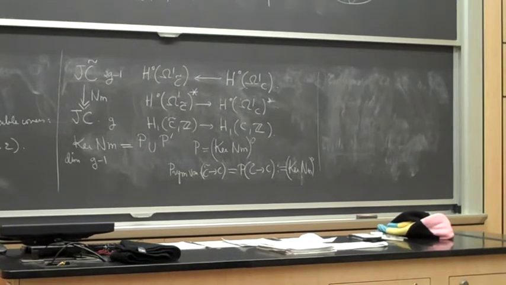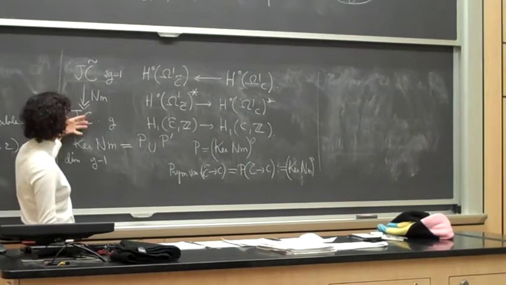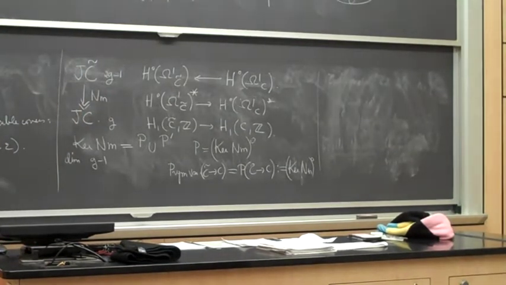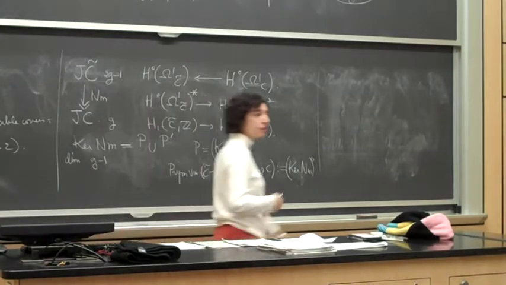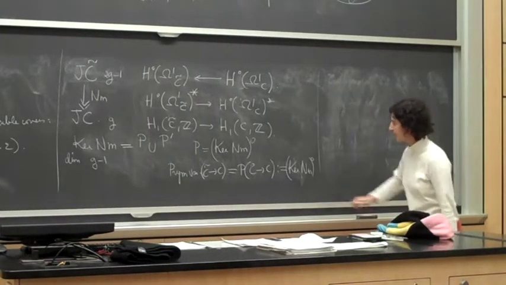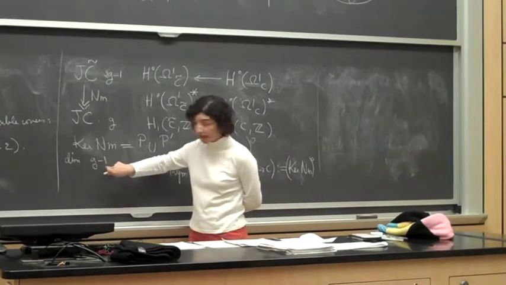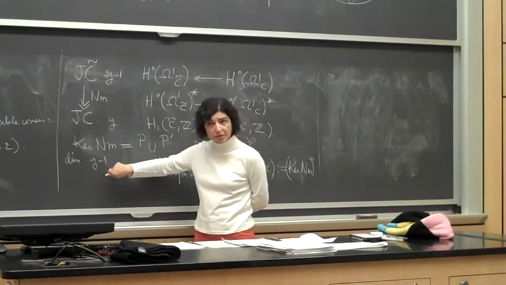Here you have a big Jacobian and a small Jacobian, and then you can take the difference. The Prym variety is basically the difference between the big Jacobian and the small Jacobian. It's not unreasonable to hope that you can get more abelian varieties that way than you did with just the Jacobian construction. And because the dimension here is G minus 1, you do get a bigger piece of the moduli space.